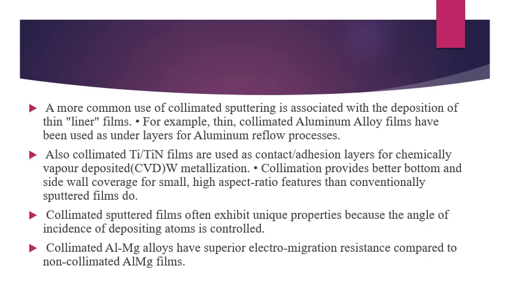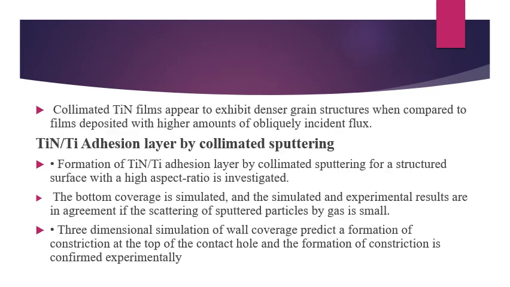Collimated sputtered films often exhibit unique properties because the angle of incidence of deposition atoms is controlled. Collimated aluminum magnesium alloy has superior electromigration resistance compared to non-collimated aluminum magnesium.